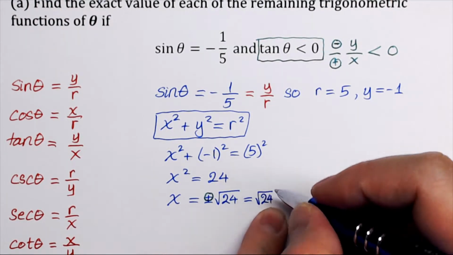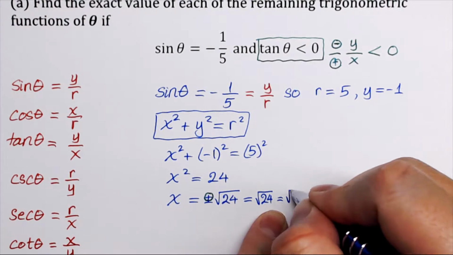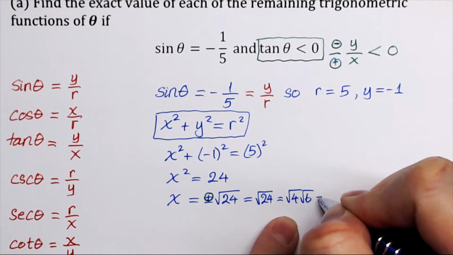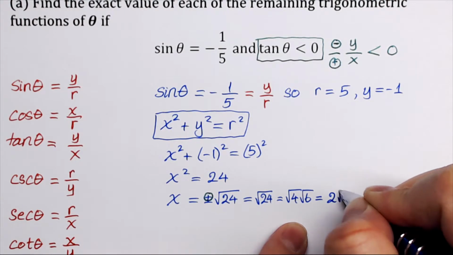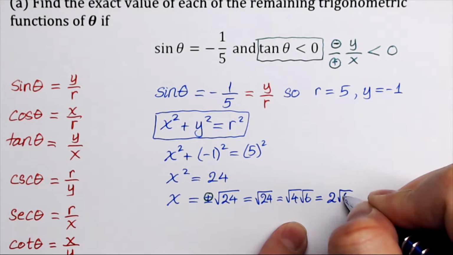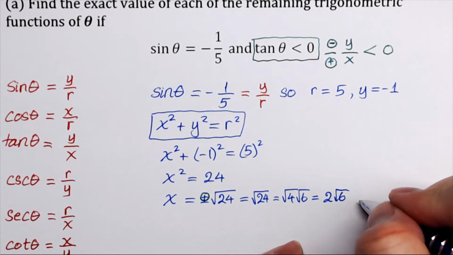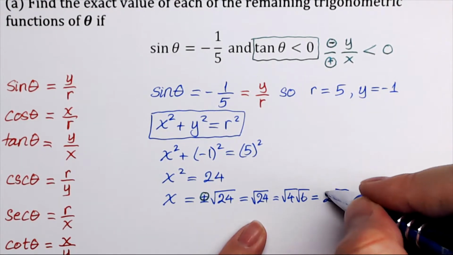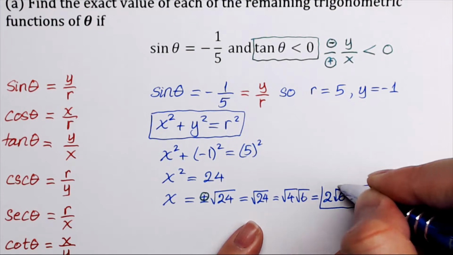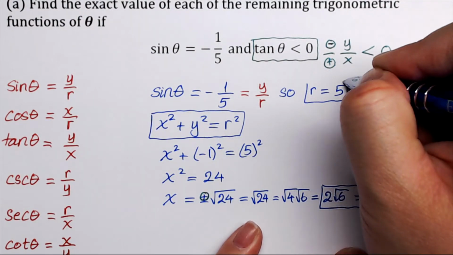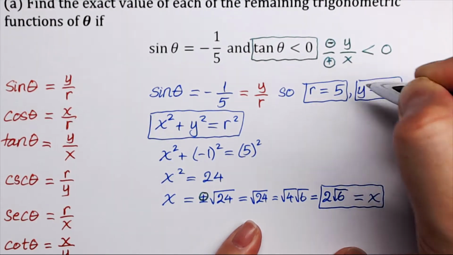Before we do it, let's go over all the trigonometric ratios: sine, cosine, tangent. Sine is y over r, cosine is x over r, tangent is y over x.